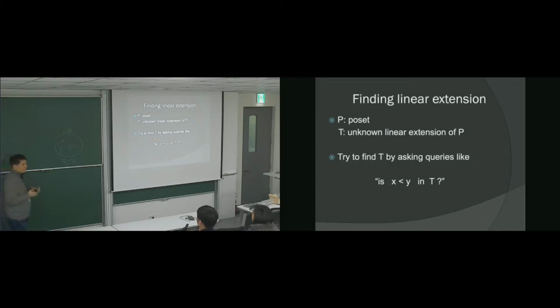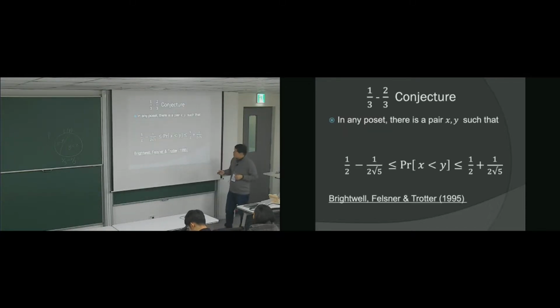Then my best strategy is the opposite: I choose x, y that split the linear extensions almost evenly, if possible. That's not always possible because of the previous theorem, but we can still choose a pair x, y so that this is true. Then let's say this is delta.